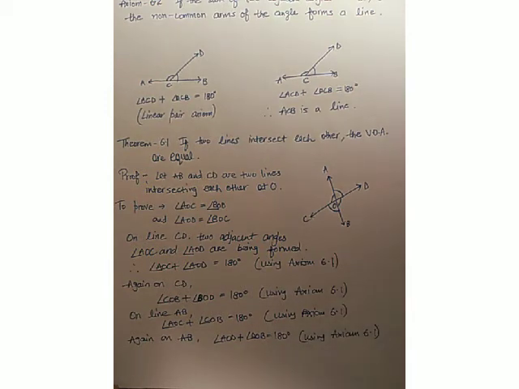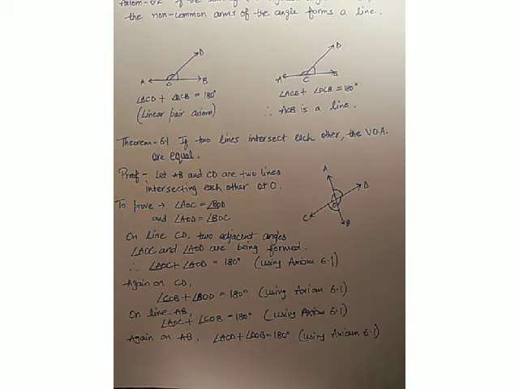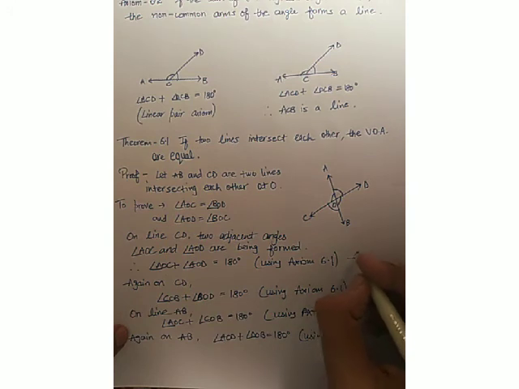Now we have applied axiom 6.1. Now you have to take only those equations in which one angle is common. For example, COB, BOD, AOD and DOB. So in these two equations, angle BOD is common. So let's take these two equations. Firstly, mark these equations first, second, third and fourth.